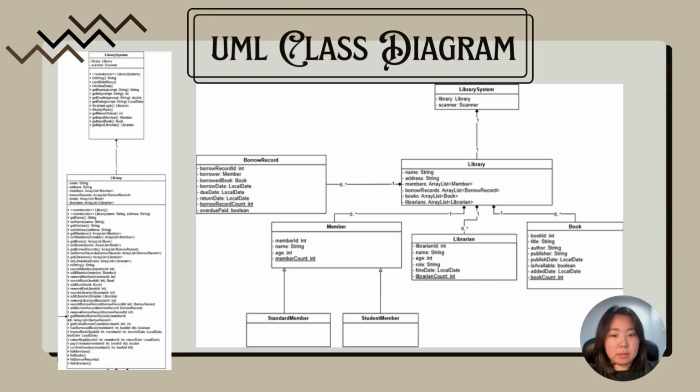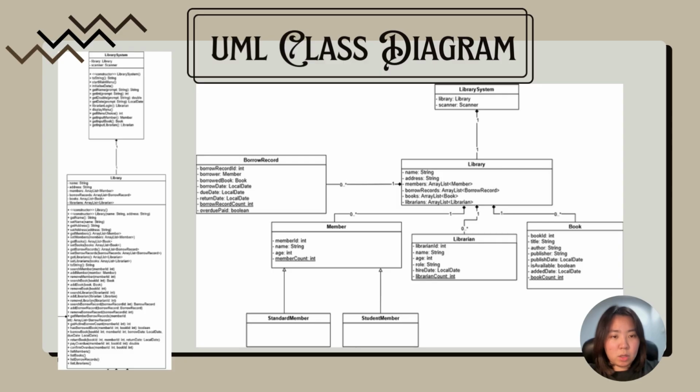Hi, this is Jinxi. Now I will go through the UML class diagram of our library management system. In our diagram, it shows the core data structure and the relationship between all the classes. As you can see, on the right side, at the top is the library system class.